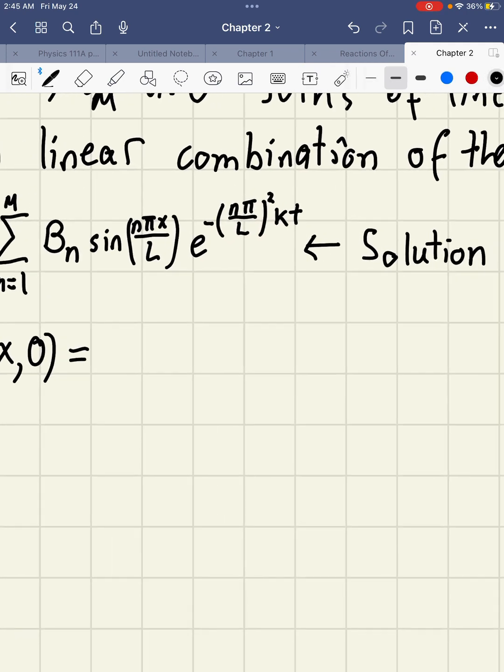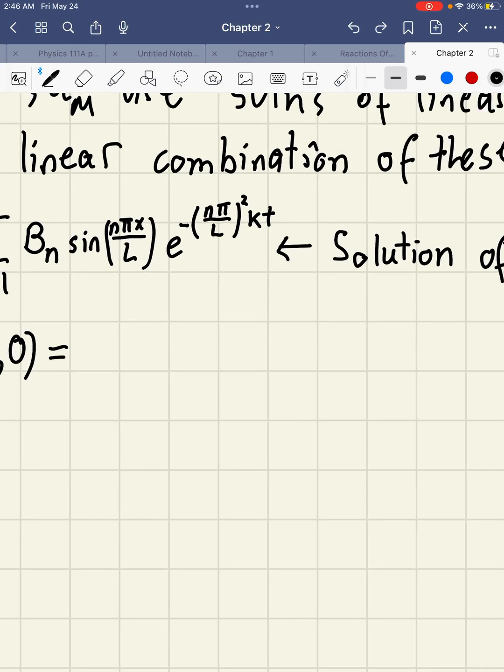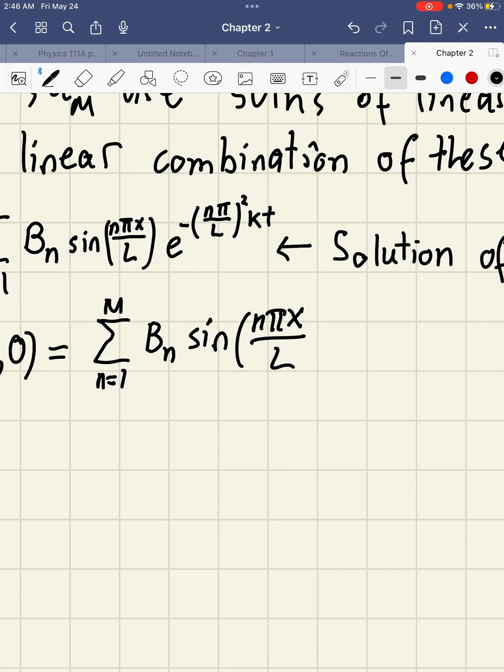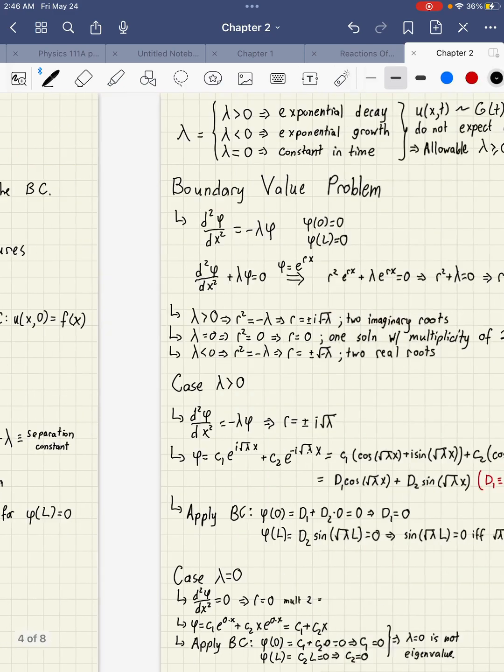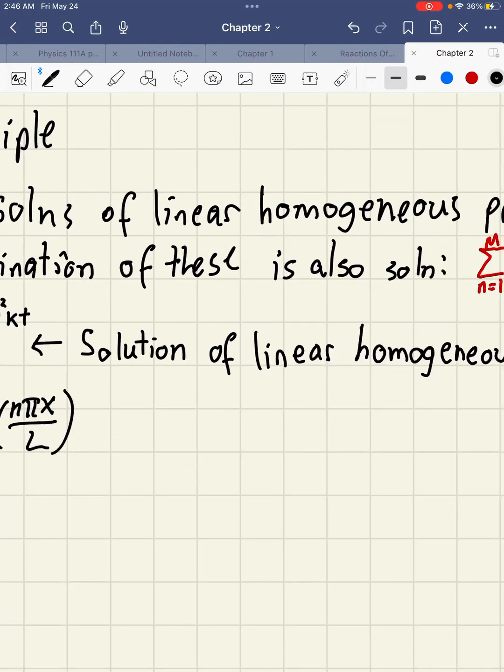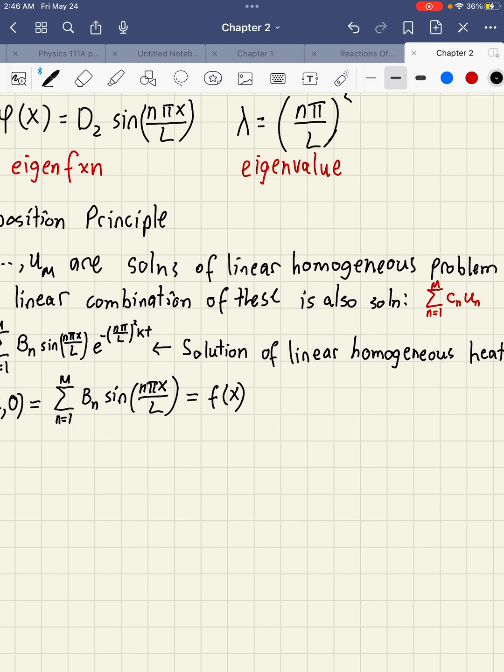So I have u of x,0 equal to the sum from n equal to 1 to m of b_n sine n pi x over L. And since my initial condition at the beginning was given as a certain function f, this must be equal to f of x. Now we're going to use this to solve for b_n using something called the Fourier trick.